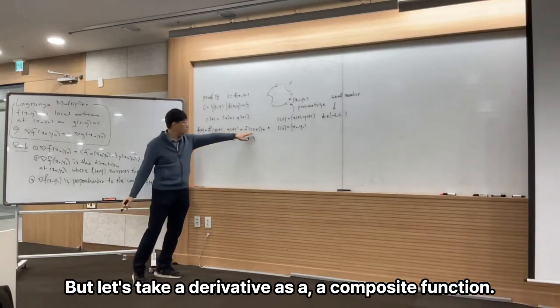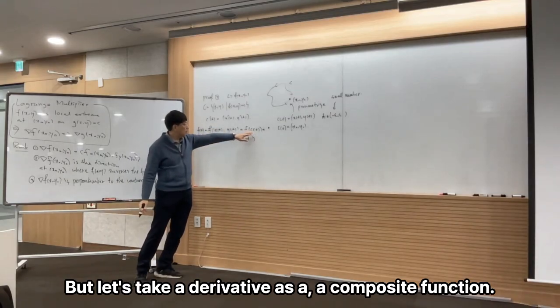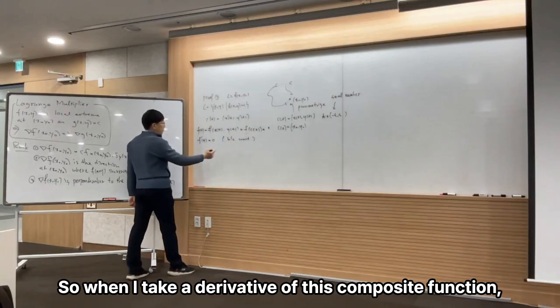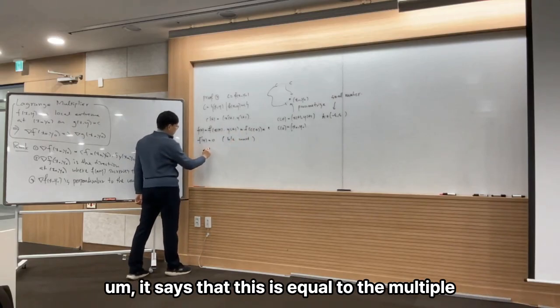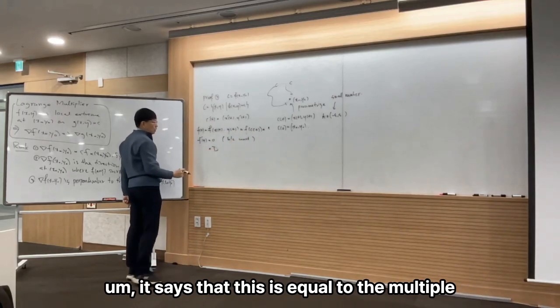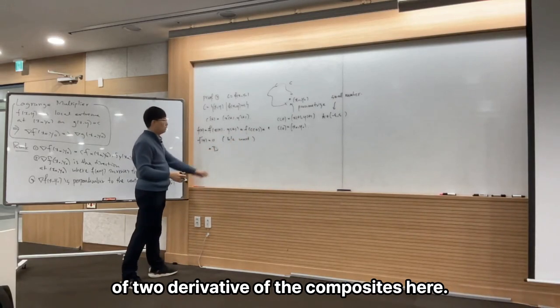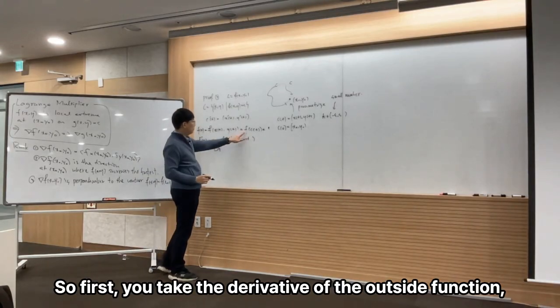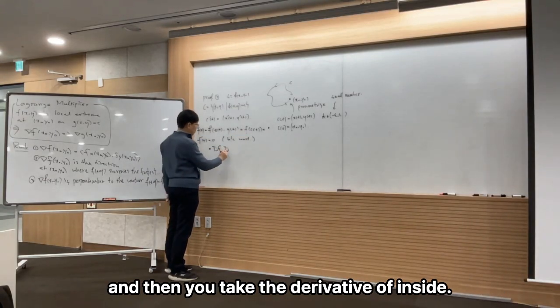But let's take the derivative as a composite function. The derivative of the composite is the product of the derivatives: first you take the derivative of the outside function, and then the derivative of the inside.